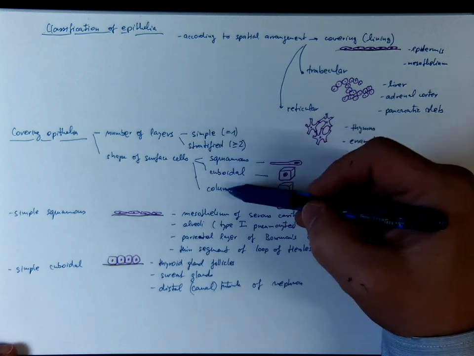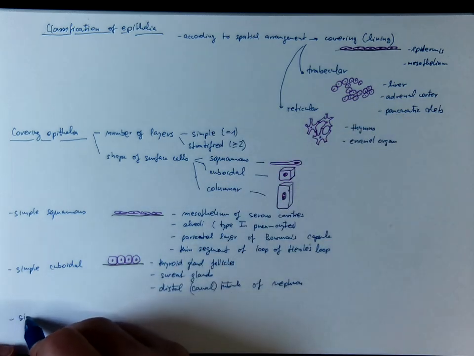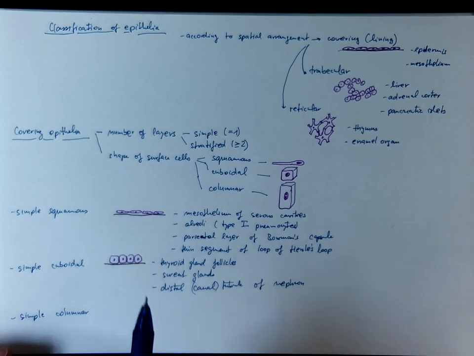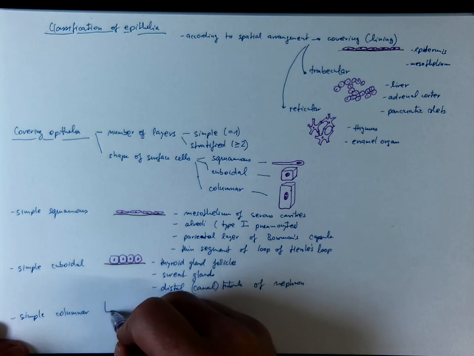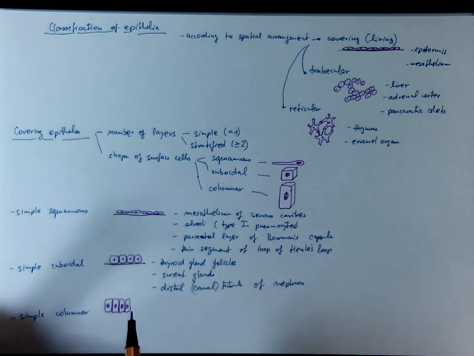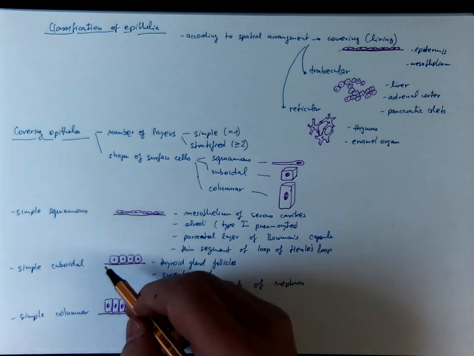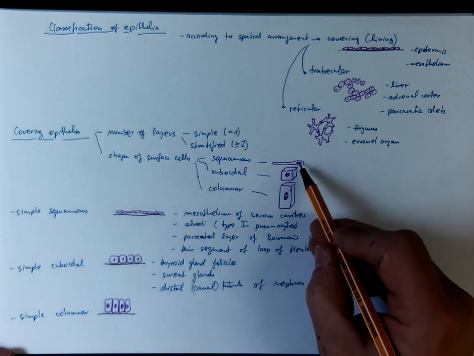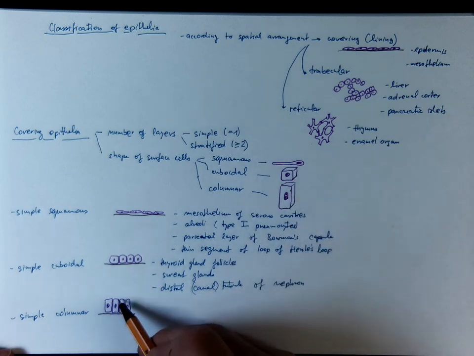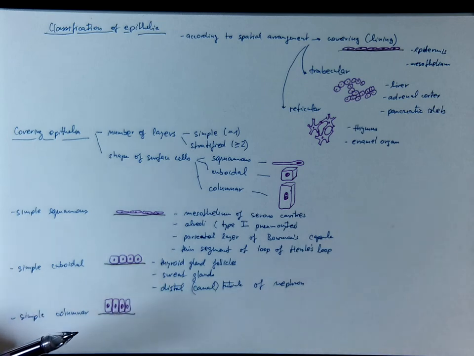Another combination would be simple columnar. So we got a single layer of columnar cells, please note that the shape of the nucleus corresponds with the shape of the cells, because you mostly don't see the cell borders, but you always clearly see the nuclei, so it's very helpful in the microscopy.